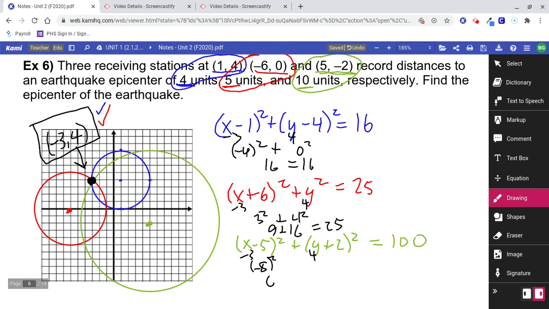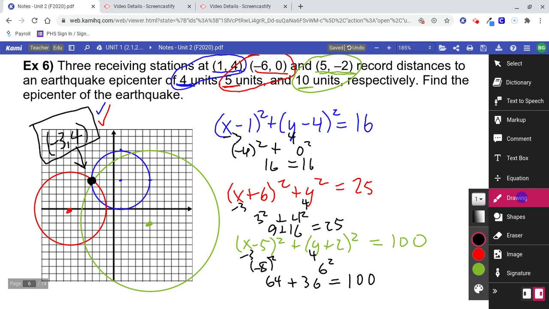So square that and you get 64. 4 plus 2 is 6. Square that's going to be 36. And yeah, sure enough, 64 plus 36 equals 100. And what that means is that point is also on the green. So we can kind of tell from the picture, but we can definitely tell from the algebra that the point (-3, 4) is on all of those circles. And so what that means is (-3, 4) is the epicenter.